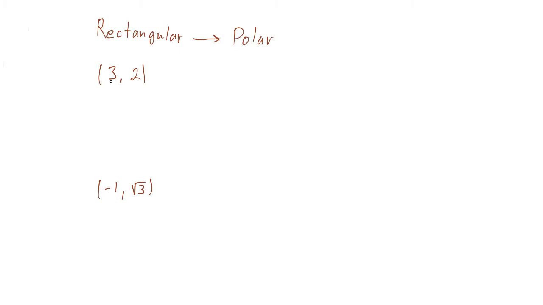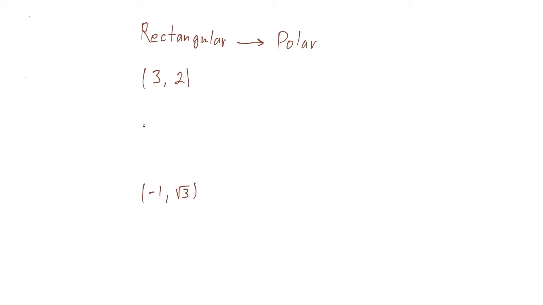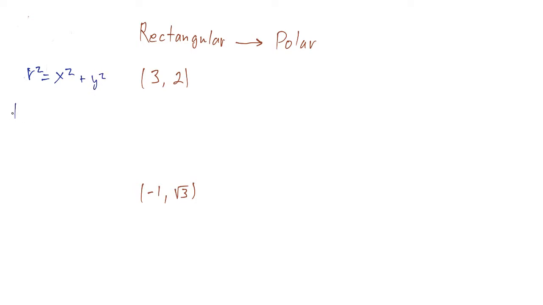So here I have a rectangular point, x is 3 and y is 2, and I want to convert it to polar coordinates. I could try plotting this, but that's not going to tell me what the angle or the radius is. Instead, we'll use the fact that r squared is equal to x squared plus y squared, and tangent of theta is equal to y over x.